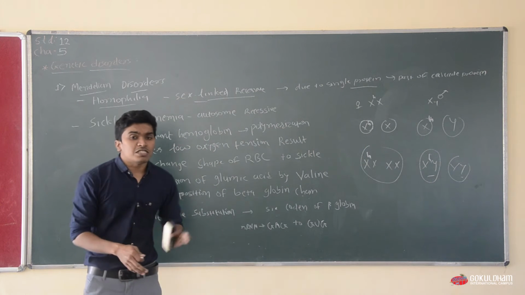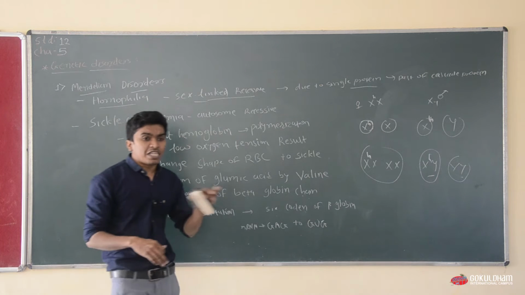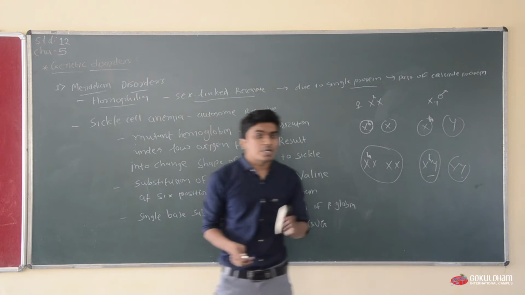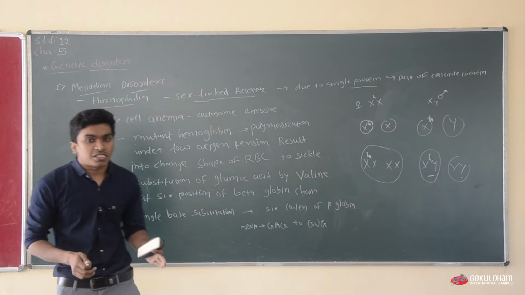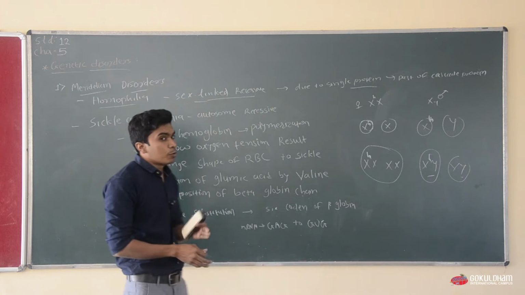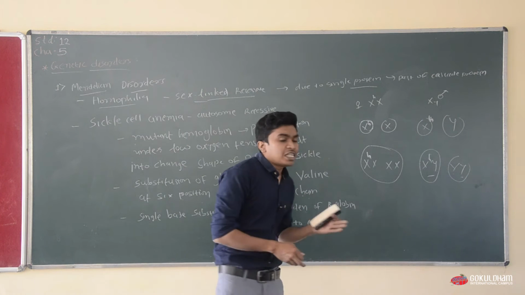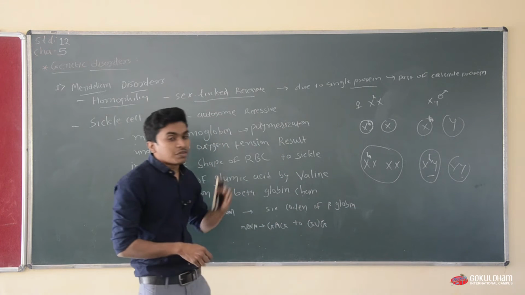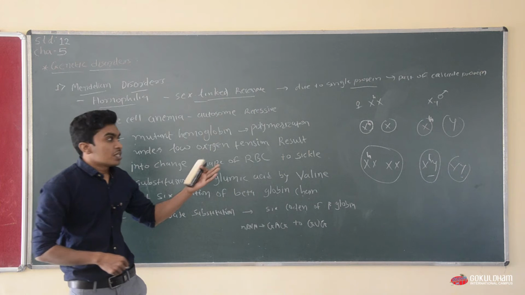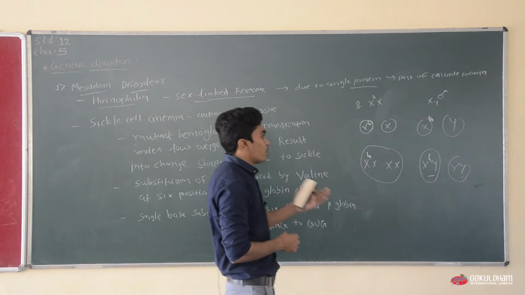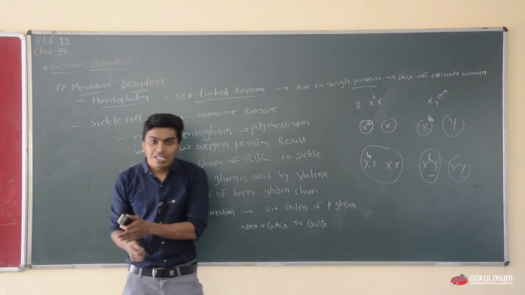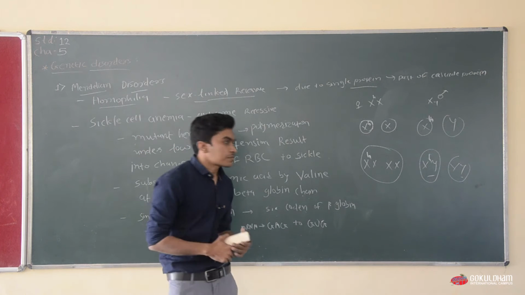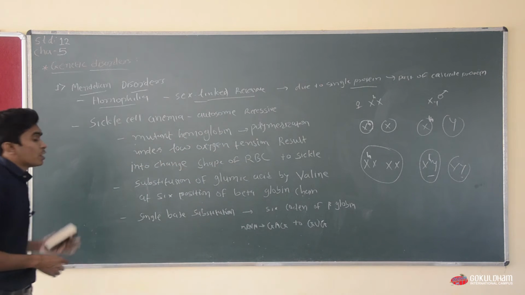So hemophilia in a female is a very rare case, whereas for males there is a 50% chance that a carrier female will produce a son having hemophilia. That couple will produce 50% normal and 50% hemophilic sons. So this is about hemophilia.